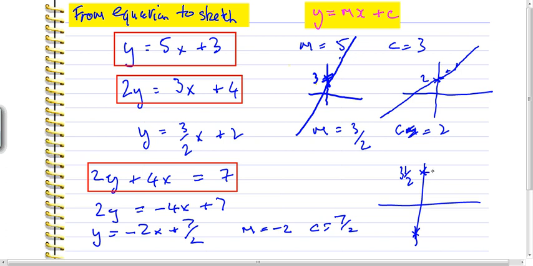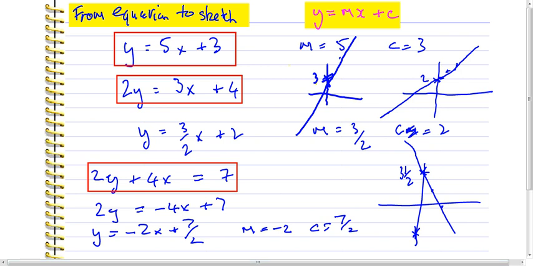We're going along 1 and down 2, along 1 and down 2, so it's of this form broadly, a negative gradient. So that's how we get from the equation to the sketch. The main issue is we'll have to rearrange any equation we're given into the standard form, y equals mx plus c. Then we can deduce m and c.